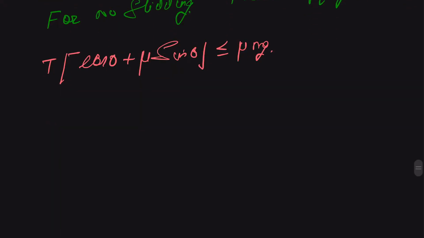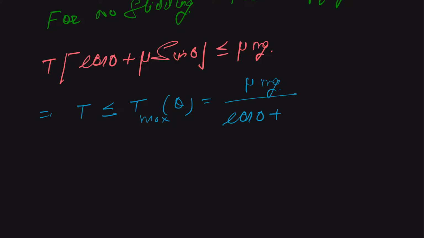Or we can write that T should be less than or equal to T max of θ, and that is equal to μ mg over (cos θ plus μ sin θ).